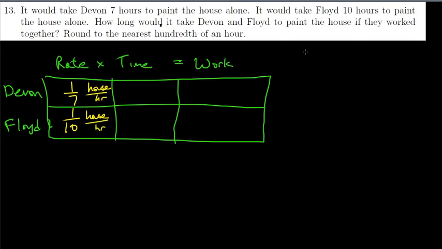And what are we looking for? Again, I'll call it T. Well, let's call it X. I guess it doesn't matter. So let X be the amount of time they paint the house together.